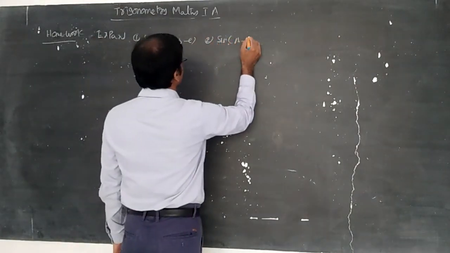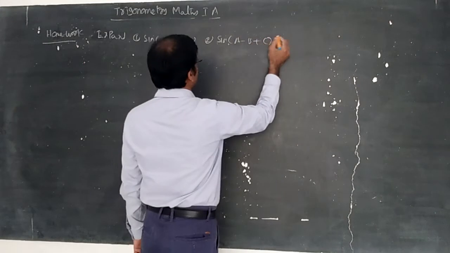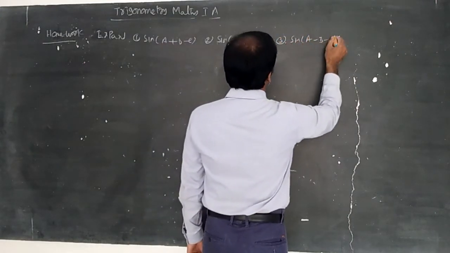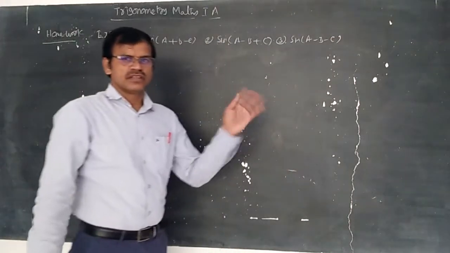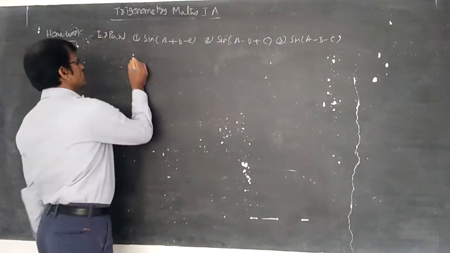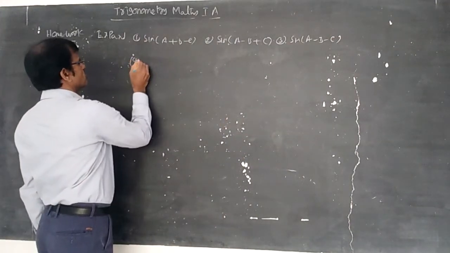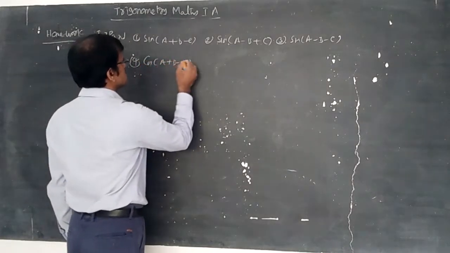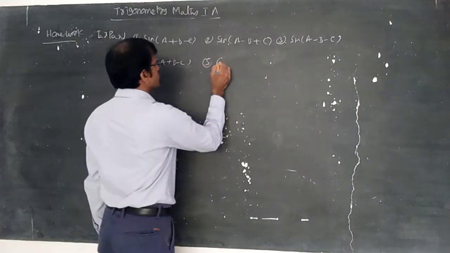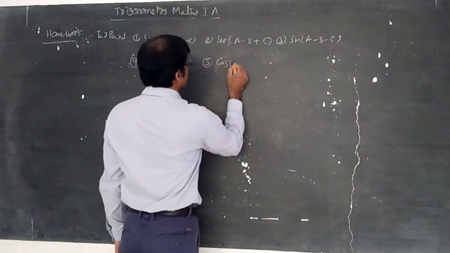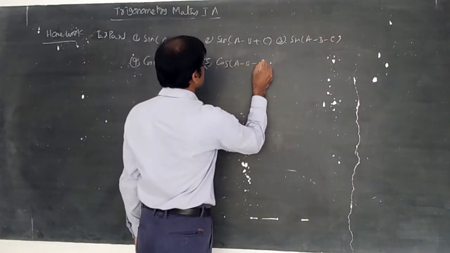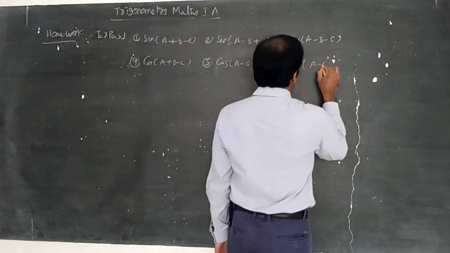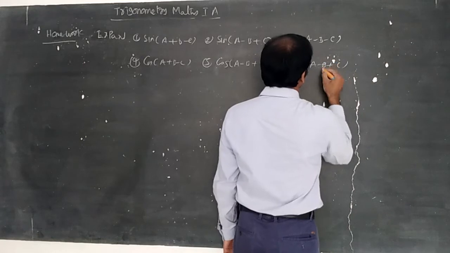Second one, sine of a minus b plus c. Third one, sine of a minus b minus c. In a similar way, cos and tan. Fourth one, cos of a plus b minus c. Fifth one, cos of a minus b plus c. Sixth one, cos of a minus b minus c.